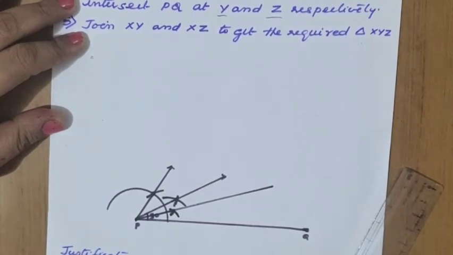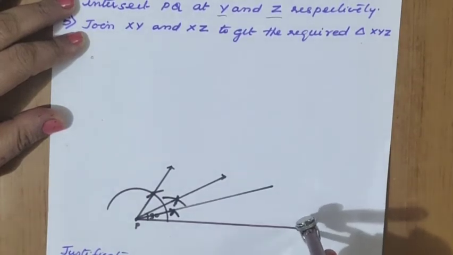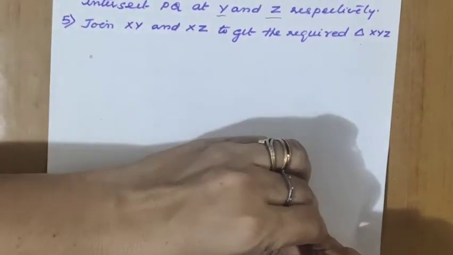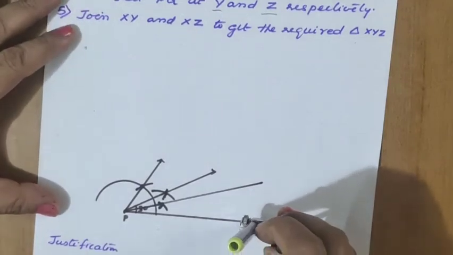Now what is the next step? At Q we have to make a 90 degree, because the Z is 90 degree, so 90 degree construction to be done here. So normal 90 degree construction, we have to draw a semicircle first.